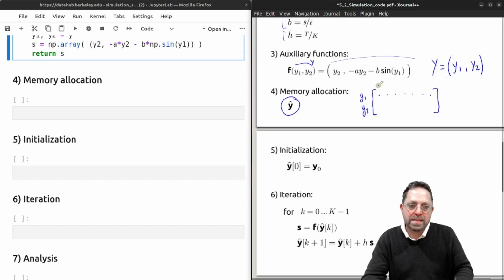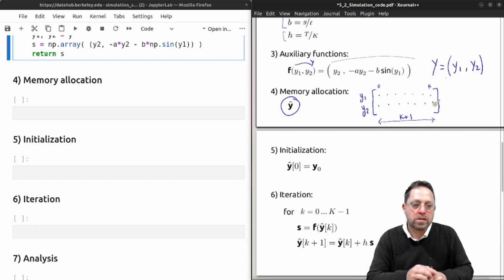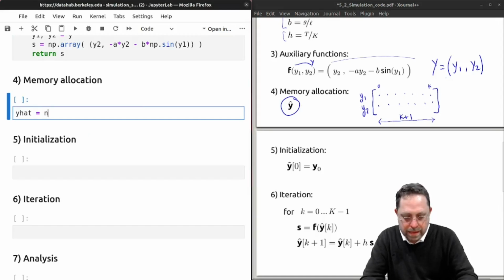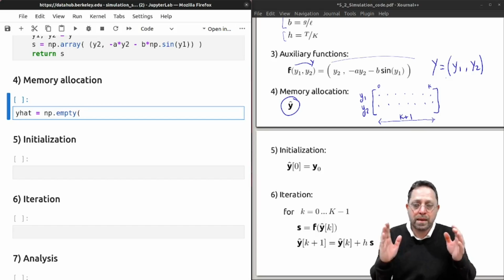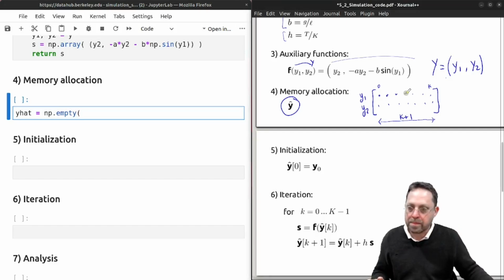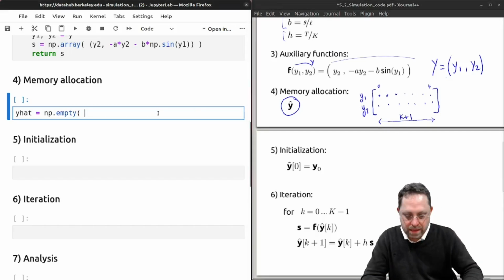So from the 0th to the kth time step, that means it's going to have k plus 1 columns and 2 rows. So let's allocate that. I'm going to say y hat is equal to np.empty, and recall that empty signifies that we are committing ourselves to writing every single value in this array. And the shape of this is going to be 2 by k plus 1.